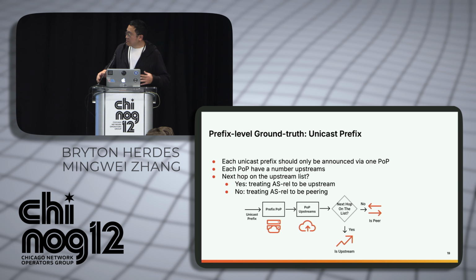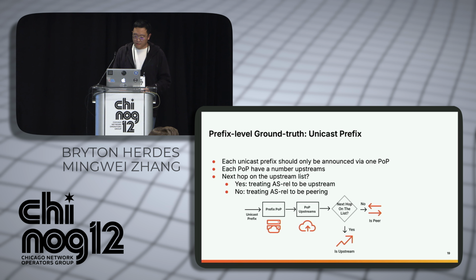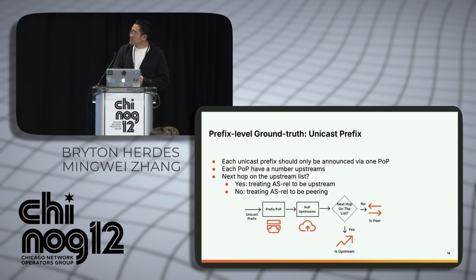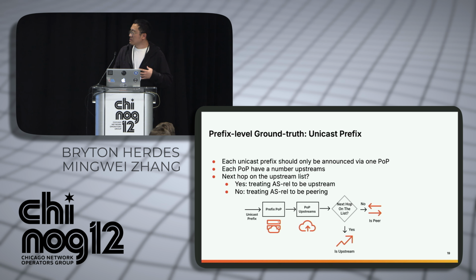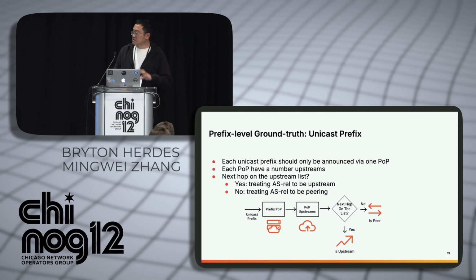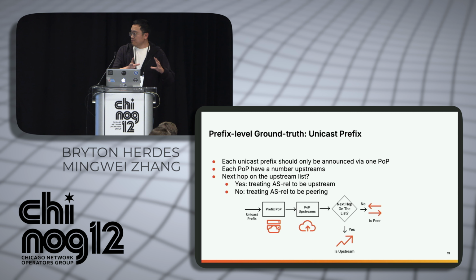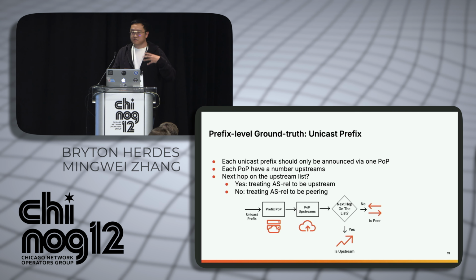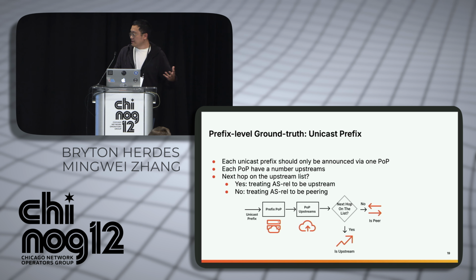So in this slide, we're starting with unicast data. One step back: for each unicast prefix, the main takeaway from previous slides is that there can be only one PoP announcing that prefix. And for each PoP announcing the prefix, we have a list of static transit providers that we can learn from a set of internal APIs.